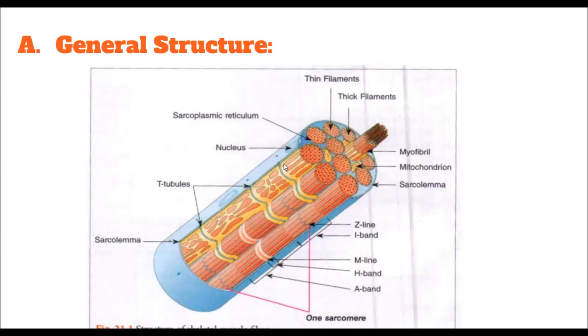Each myofibril will have numerous nuclei. And they're covered by something called sarcolemma, and the cytoplasm is called the sarcoplasm. So we have the sarcolemma, the sarcoplasm, mitochondria, endoplasmic reticulum, and the most important part, the myofibril, which contains our contractile proteins.